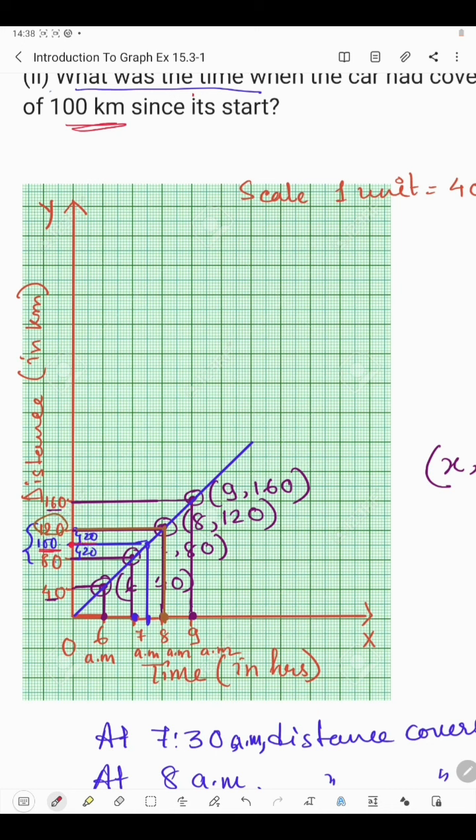From 100 kilometer, if you go towards right, it meets the line over here. Now from here we will have to go downwards to the x-axis to find the time. So it is coming exactly in between 7 and 8. So this means at 7:30.